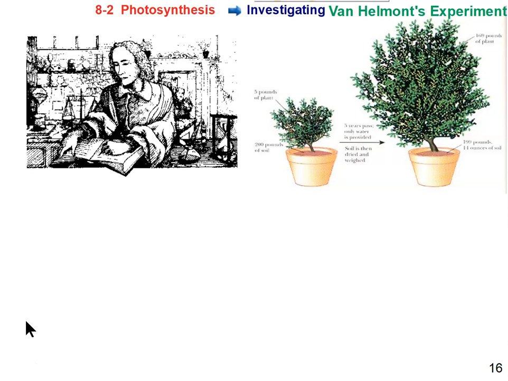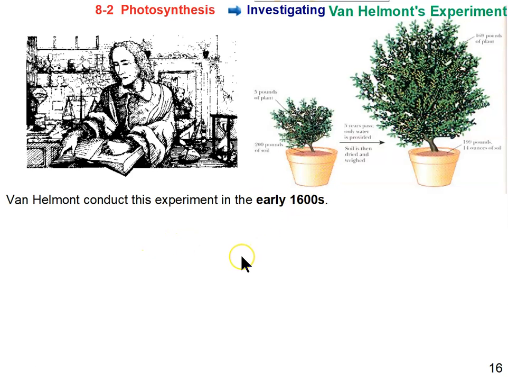So this brings us back to that overall reaction of photosynthesis and who figured out that overall reaction and how it was discovered. Well, our story, the history here, starts with a scientist named von Helmont, and he carried out an experiment in the early 1600s that was basically the beginning of discovering how photosynthesis works.